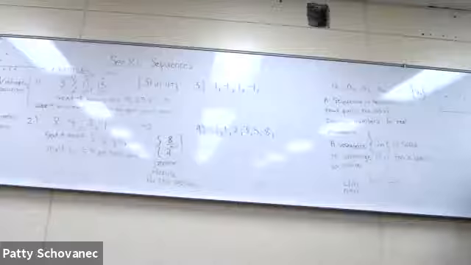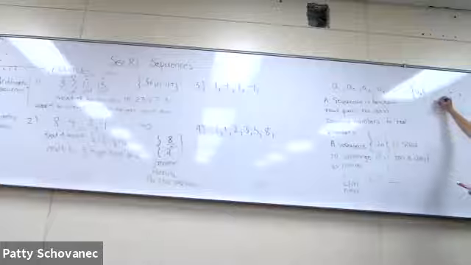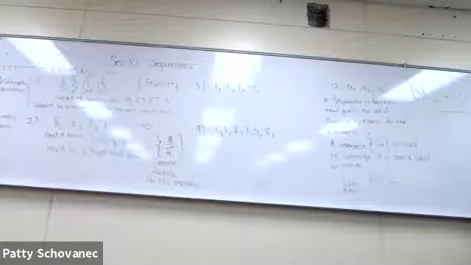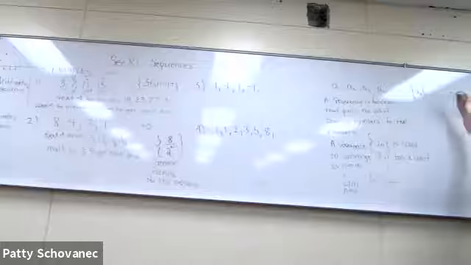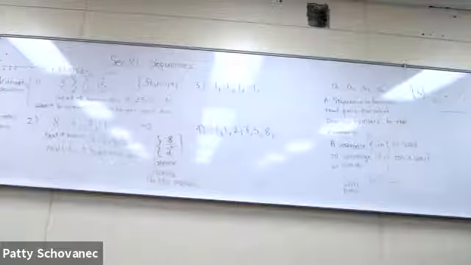But if after a while, all of the terms kind of hang out in the same spot, that spot being the number L, as we pass some very large number, then we say that the sequence has a limit of L if all of those terms live within a teeny, teeny, tiny interval around L.